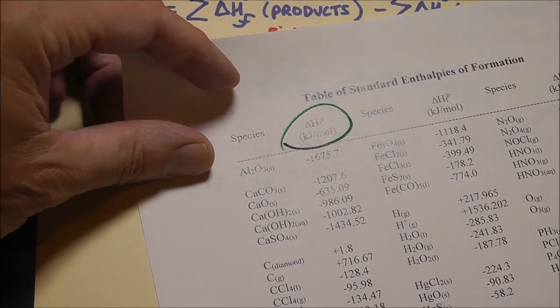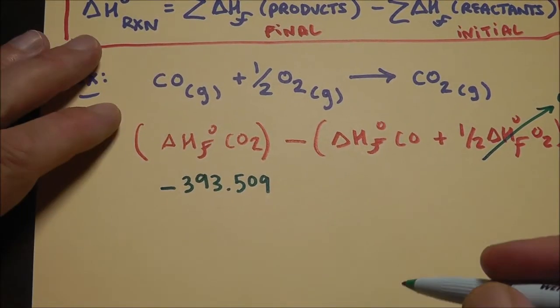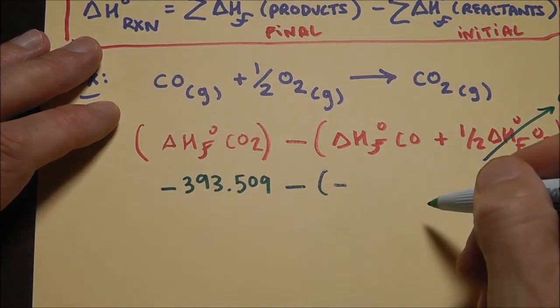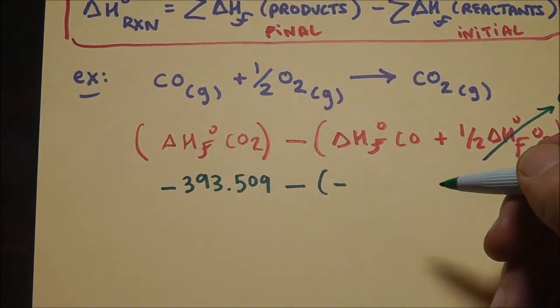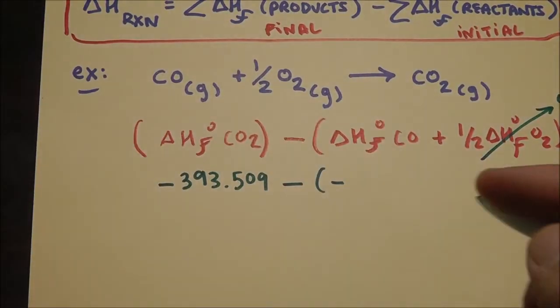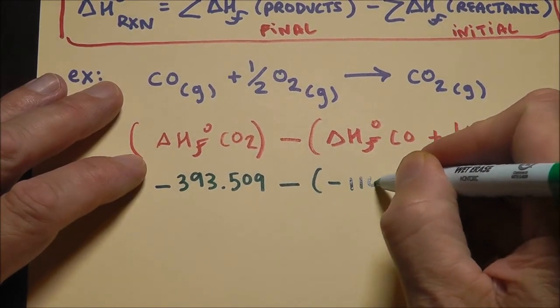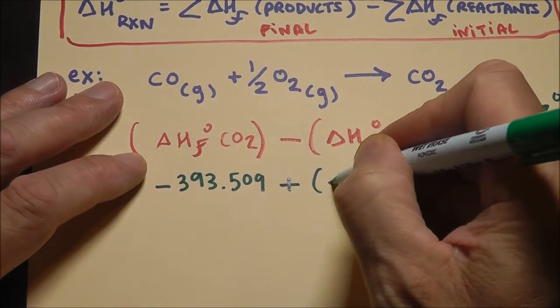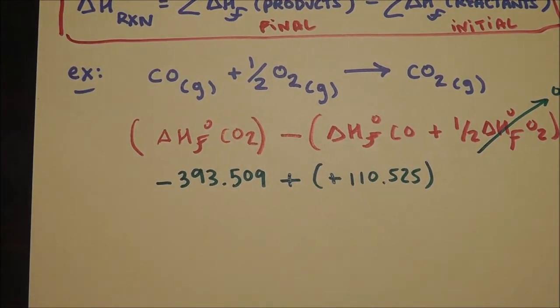Almost any table you'll see, it'll tell you it's kilojoules per mole. Minus negative 110.525. Of course, that's a double negative, so that would be like plus a positive.